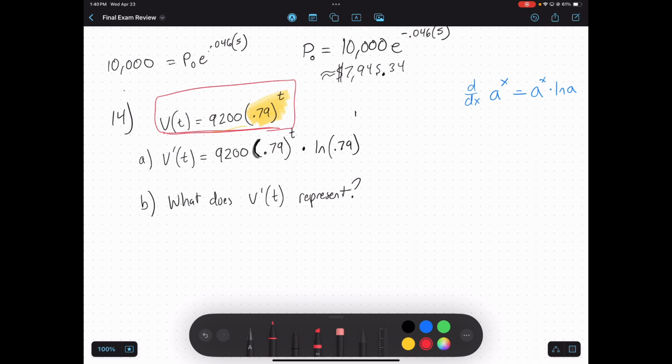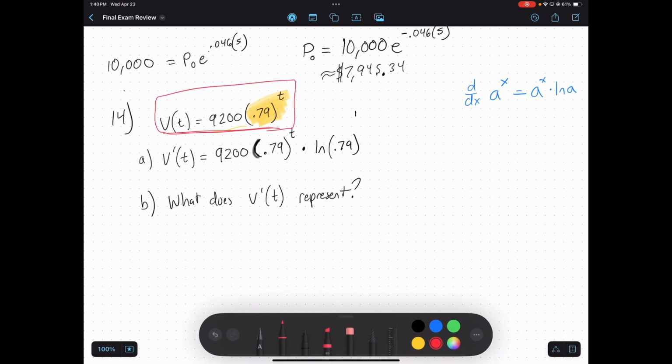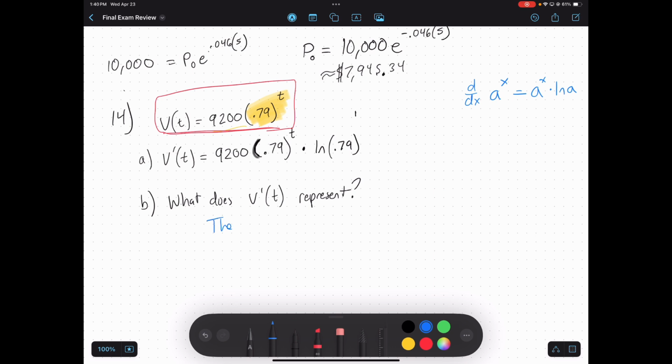What does the derivative tell you? The amount lost per year. Right. What is a derivative? It's a rate of change. So it's telling you how that value is changing each year. Exactly. So it represents the rate of change in value of the machine per year.